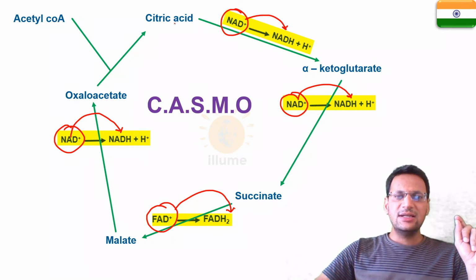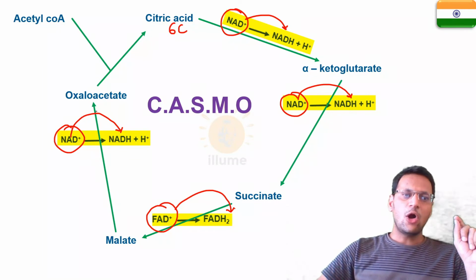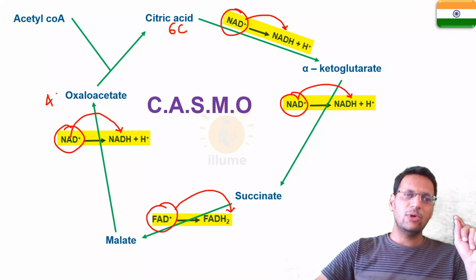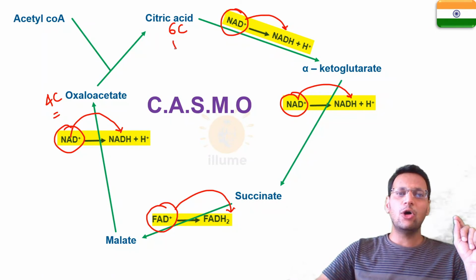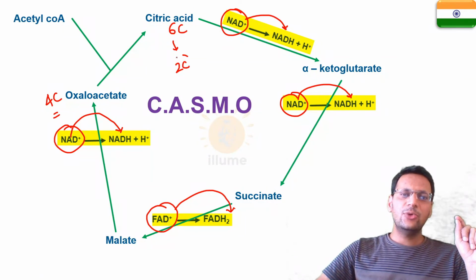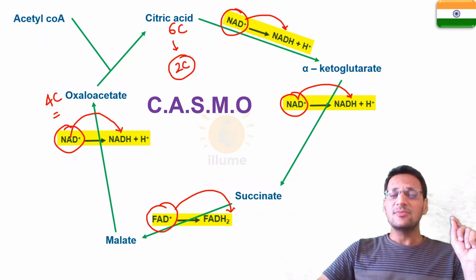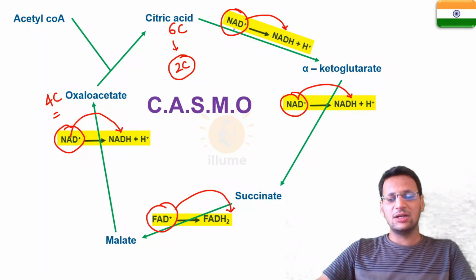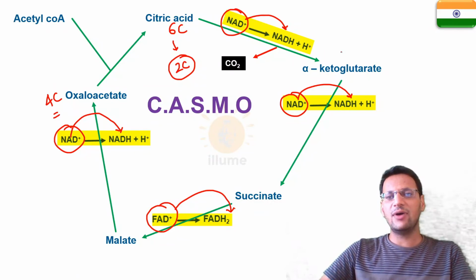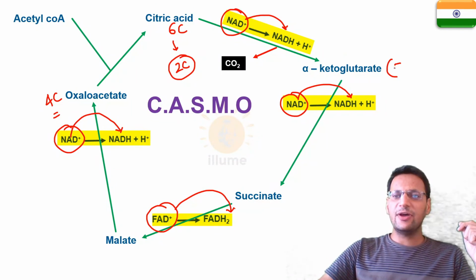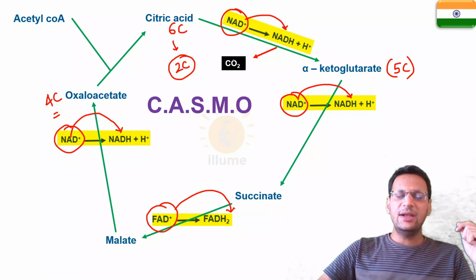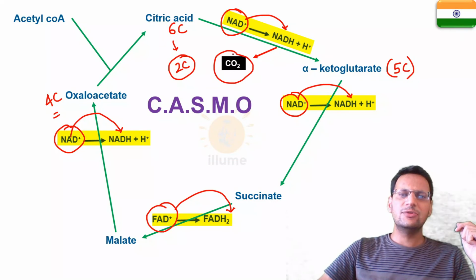Now, citric acid is a 6-carbon molecule. Oxaloacetic acid is a 4-carbon molecule. That means there will be loss of 2 carbon during the cycle. The first decarboxylation occurs during conversion of citric acid to alpha Kg. Alpha Kg has got 5 carbon. That means there would be decarboxylation, that is removal of CO2.